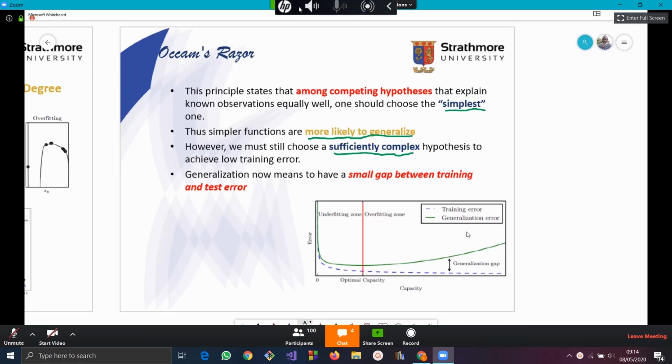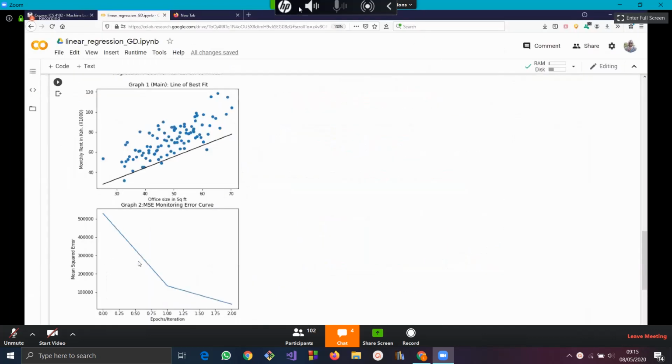First you have the training error that is reducing in every iteration, you can see. So it is kind of reducing as the capacity increases, asymptotic maybe to this one.